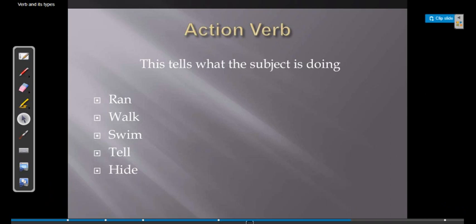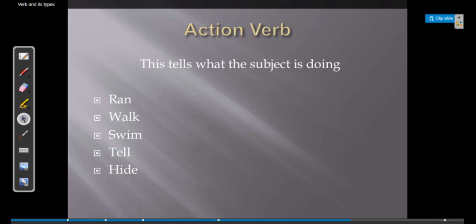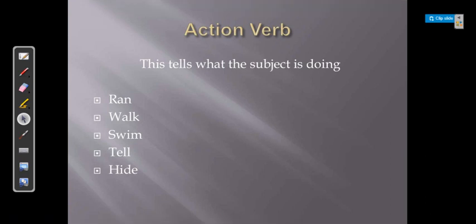These are doing verbs. Ran, walk, swim, tell, hide. These are doing words. They tell what the subject is doing.